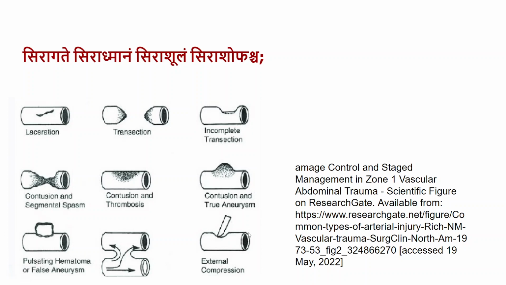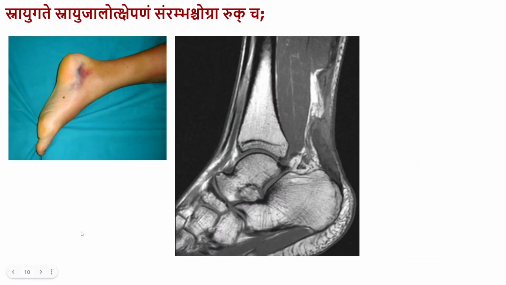So, vascular injuries in the present day situation can present with these types of situations. Siradhanam mentioned by Sushruta is the same dilatation which occurs in the form of aneurysm. Sirashulam is the thrombosis which can be the complication which can occur in due course of time. That's exactly the issue which we see.